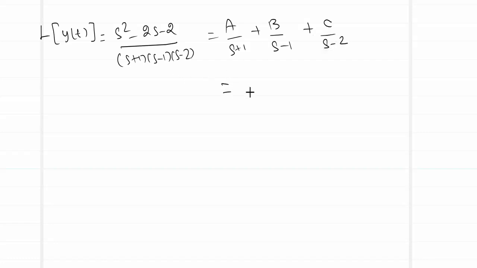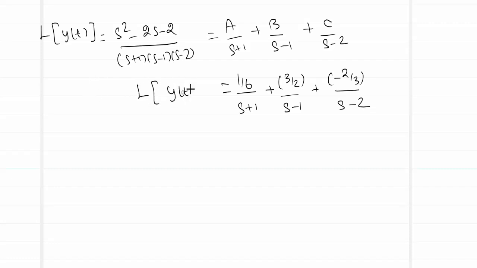Now this gives me the value of a as 1 by 6 times of s plus 1 plus b's value as 3 by 2 times of s minus 1 plus c value as minus 2 by 3 times of s minus 2. Now this is nothing but Laplace of y of t.